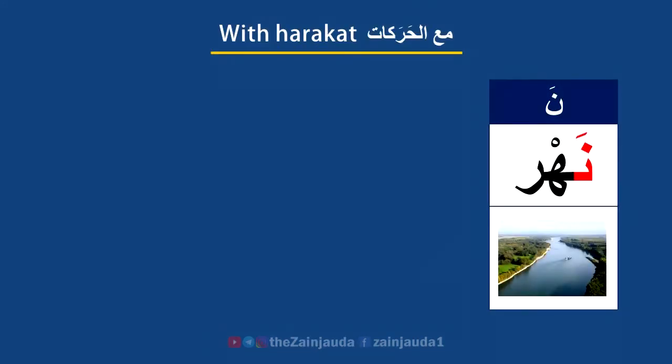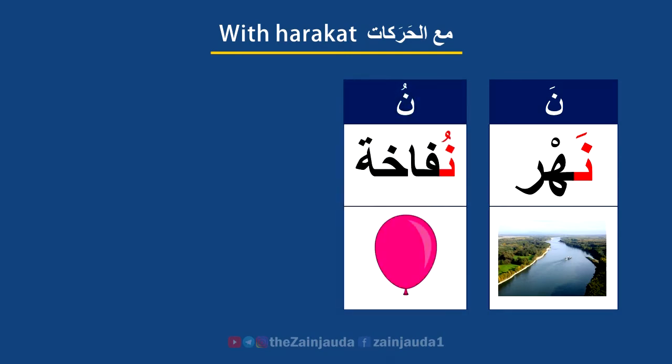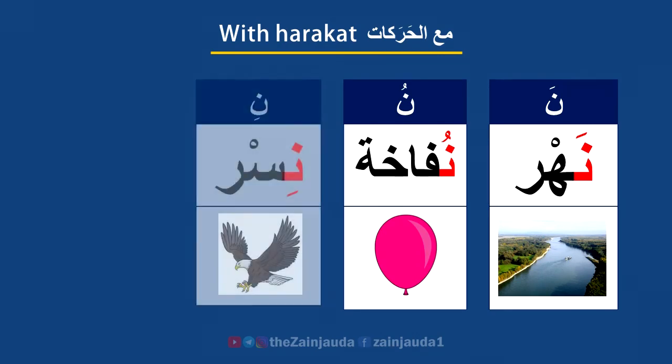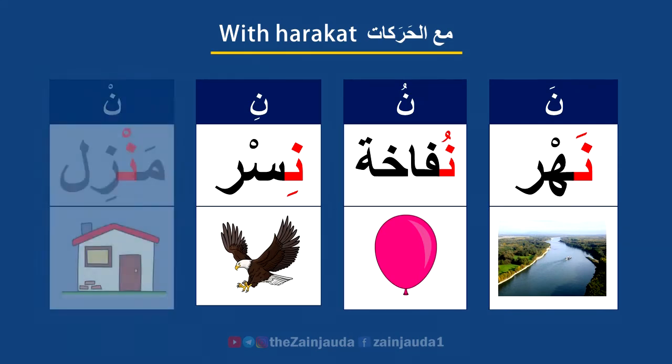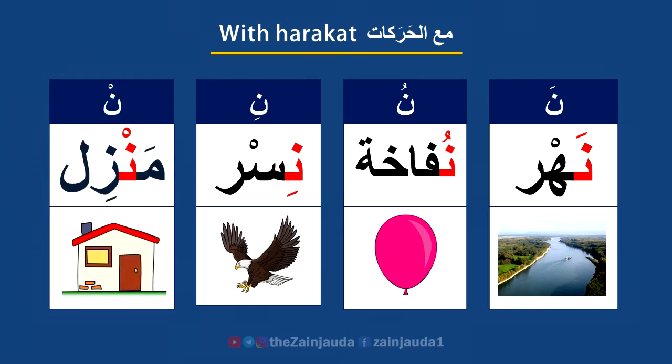Now, examples of Noon with the harakat: with fatha, nahr; with dhamma, nufakha; with kasra, nisr; and with sukun, manzil.